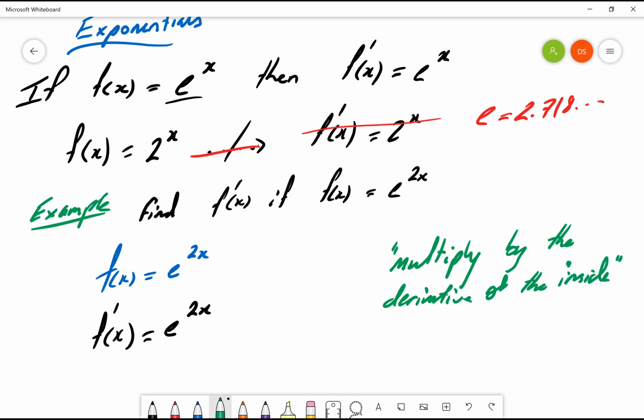And in this case, the inside is the power. So for this one, I've got to multiply by the derivative of 2x, which is equal to 2. And so in fact, the derivative of e to the 2x is 2e to the 2x. Does that make sense?